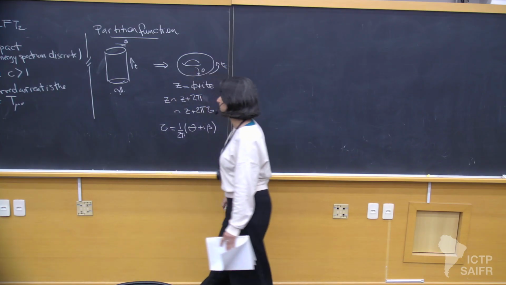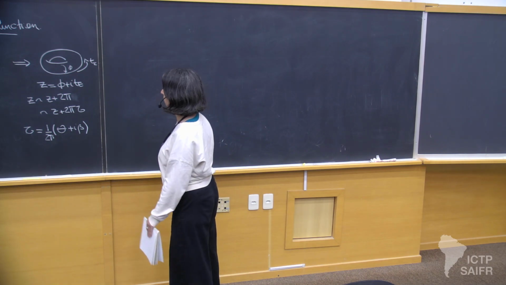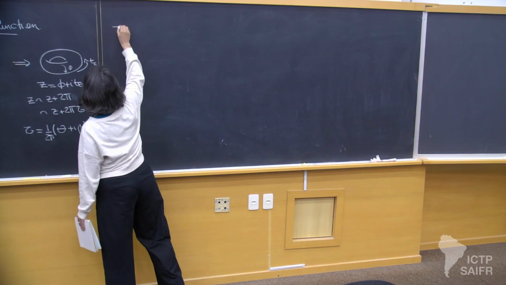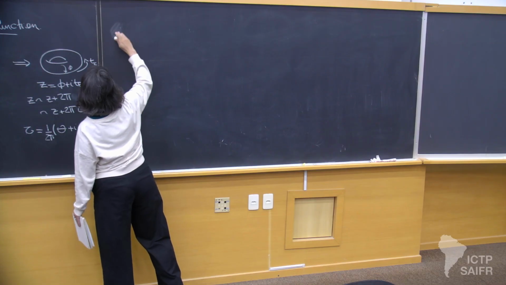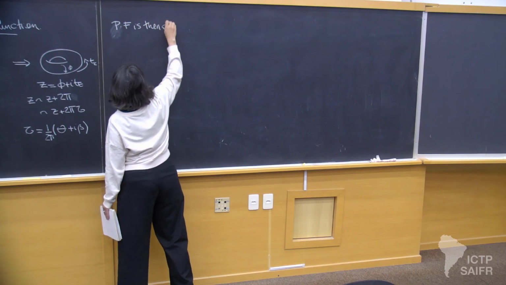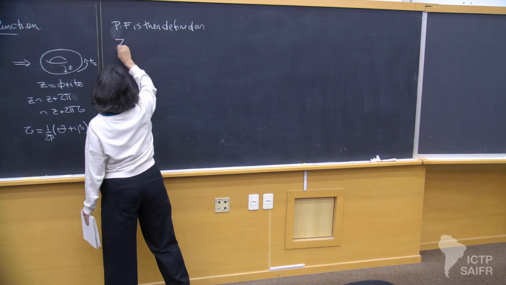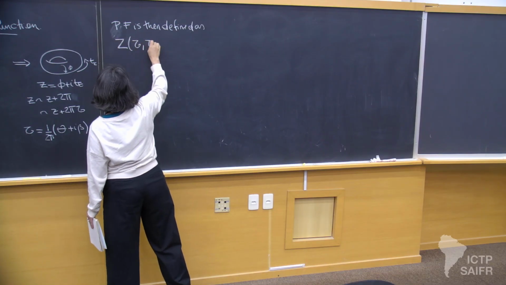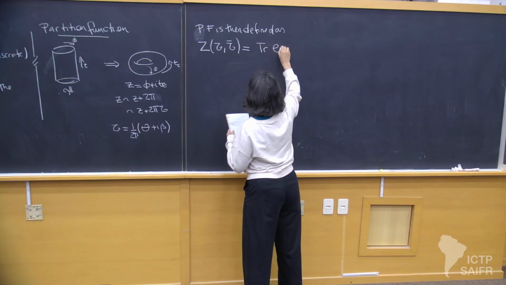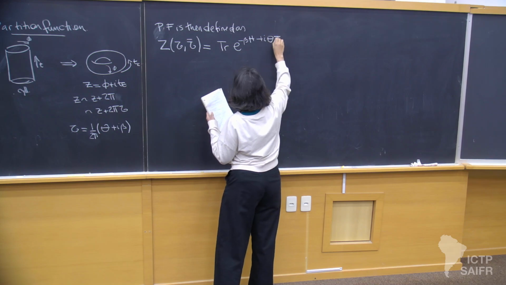So we're putting the theory on that torus, and when you put the theory on that torus, the natural thing to compute is then the partition function, as a function of tau and tau bar, which you can write like this.